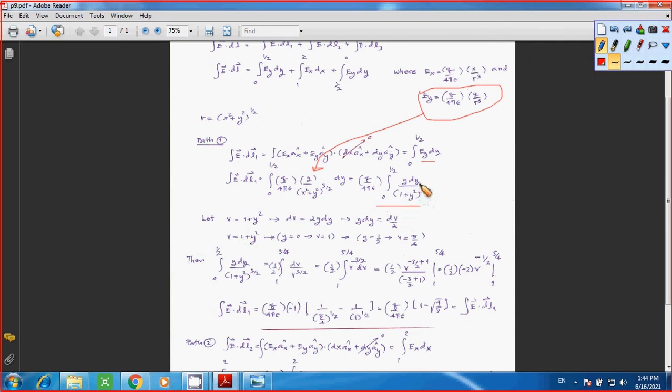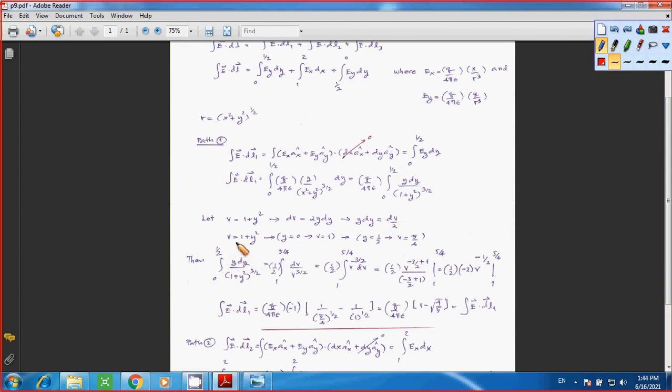To do that integration, I let v equal to 1 plus y squared. So you get dv equal to 2y dy, or your y dy here is equal to dv over 2. And you also need to change the limit of integration. Sorry, I have to explain a lot of details for somebody who try to recall about math, especially for the integration, and have different forms. You can do faster than this.